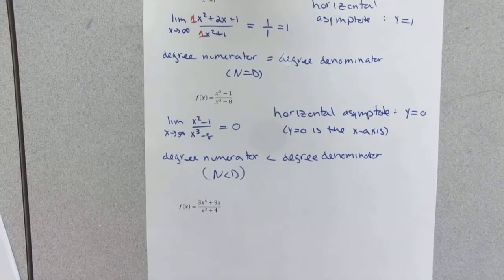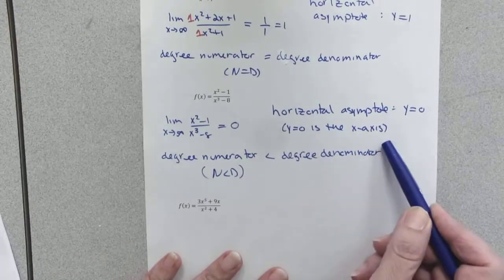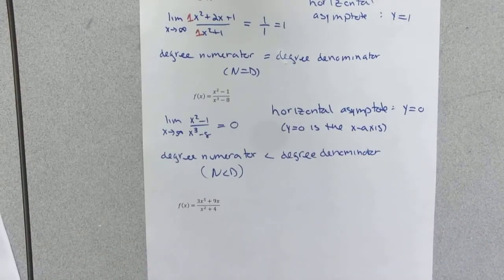You might be better off graphing on a bigger window so you can see truly extreme left and extreme right. I just wanted to emphasize, y equals 0 is the x-axis. So what you would be looking for on the extreme left and extreme right is the graph approaching the x-axis.